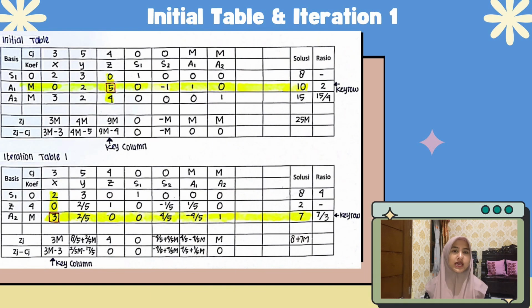After that, we can determine the K column, K row, and K cell like in the initial iteration table, so that we get the K column which is 3M minus 3, the K row which is 7, and the K cell which is 3. Because the ZG minus CG table is not optimal, it continues with iteration 2.